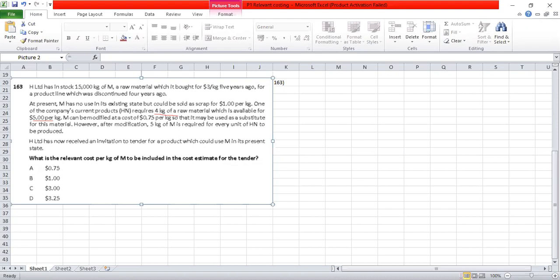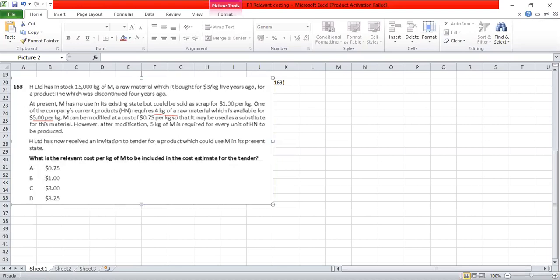So the current market price of this material is $5 per kg. To make it usable, they will have to spend 0.75 per kg to modify the material.